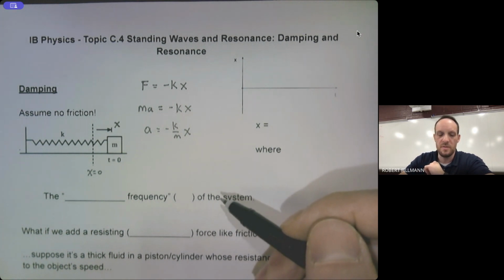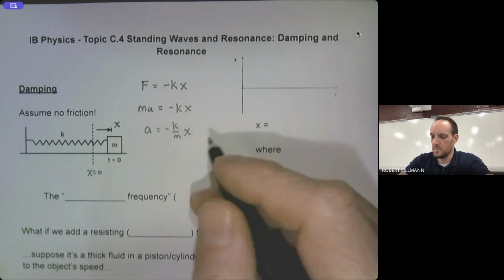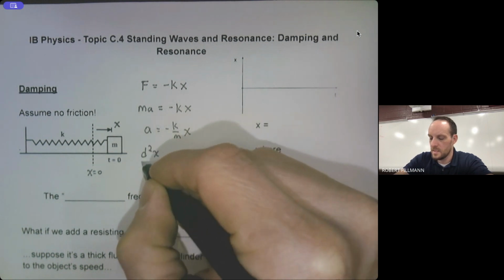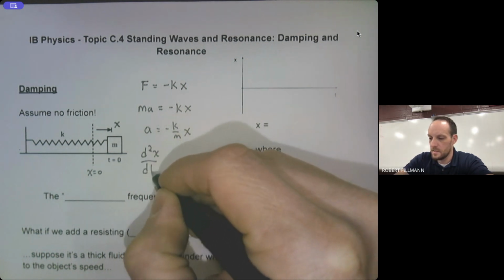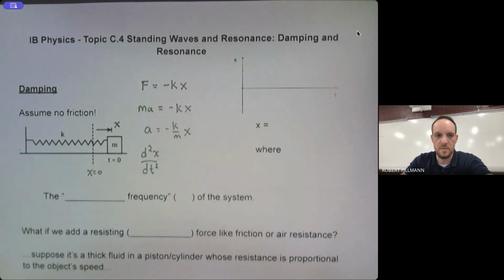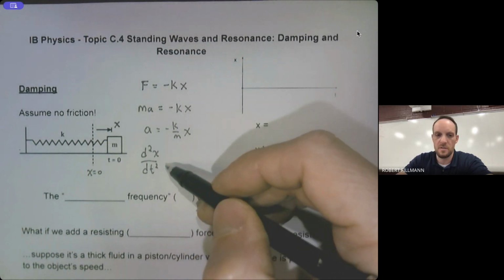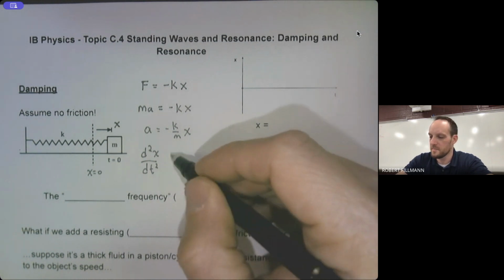In the language of calculus, we say that velocity is the derivative of position with respect to time, telling me how quickly position changes. And acceleration is the second derivative of position with respect to time. This may be a new notation to you, but d squared x over dt squared is the symbol for the second derivative. It's another way of writing acceleration, the rate of change of the rate of change of position.